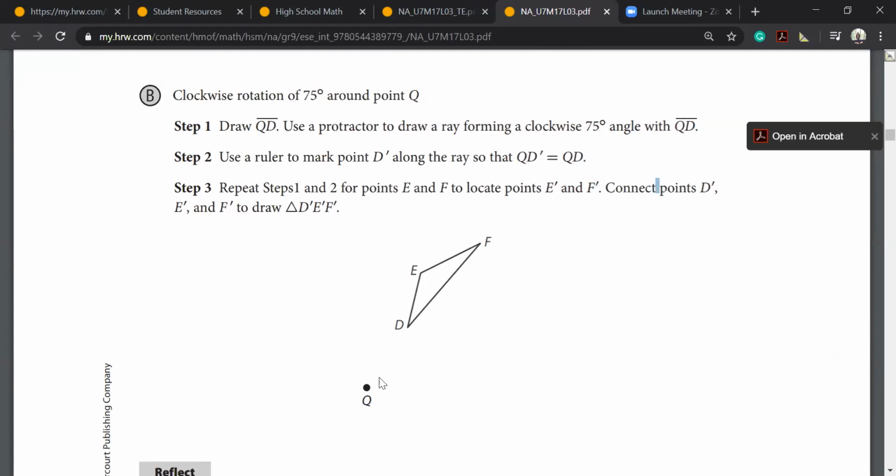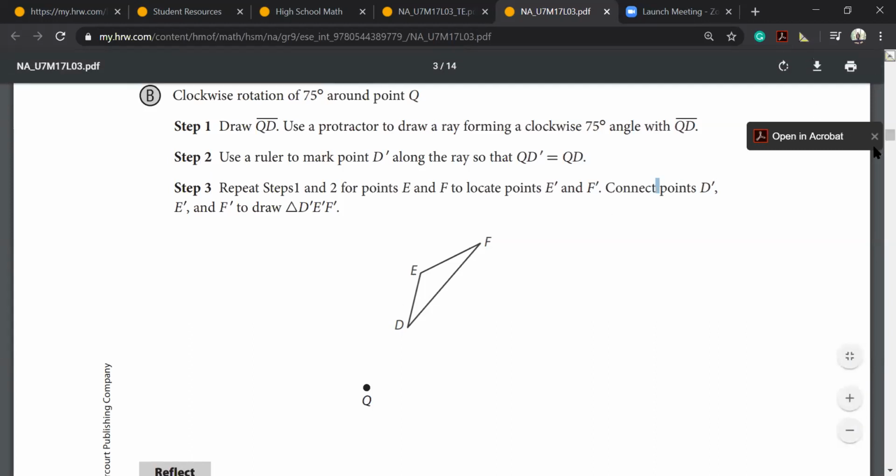I have to have lines so that I can graph the image, which means, first of all, I'm going to rotate D. So I have to graph a line first. I'm going to grab my ruler and graph, please, a line from D to Q. I have a line here, okay? And then I'm going to get my protractor.